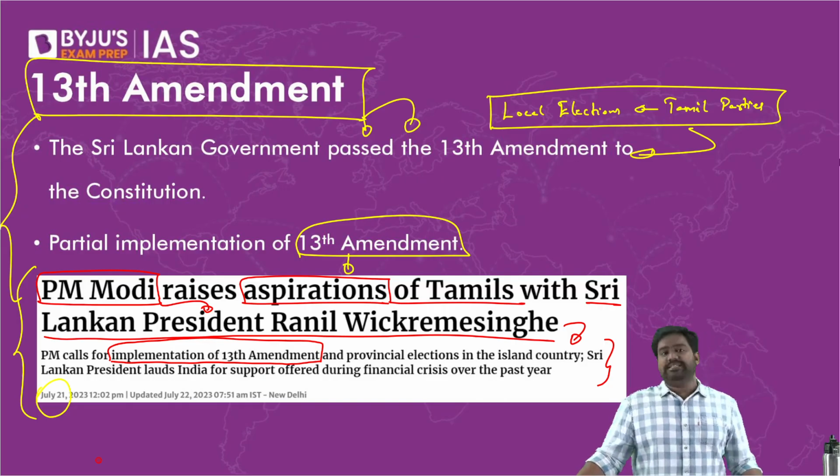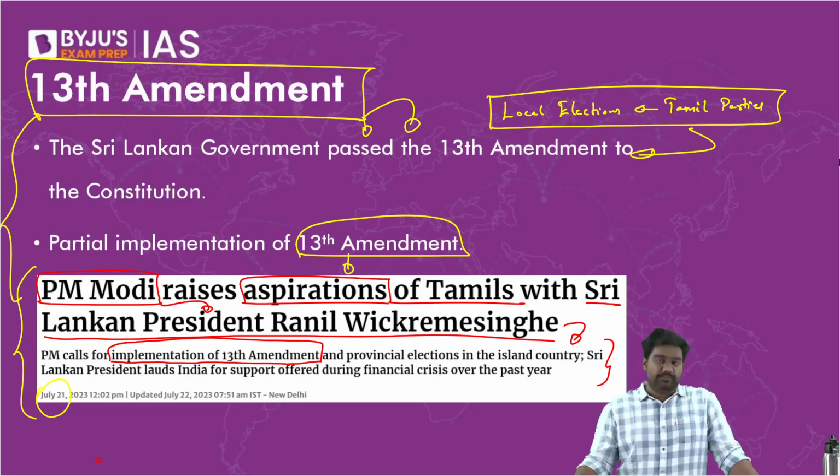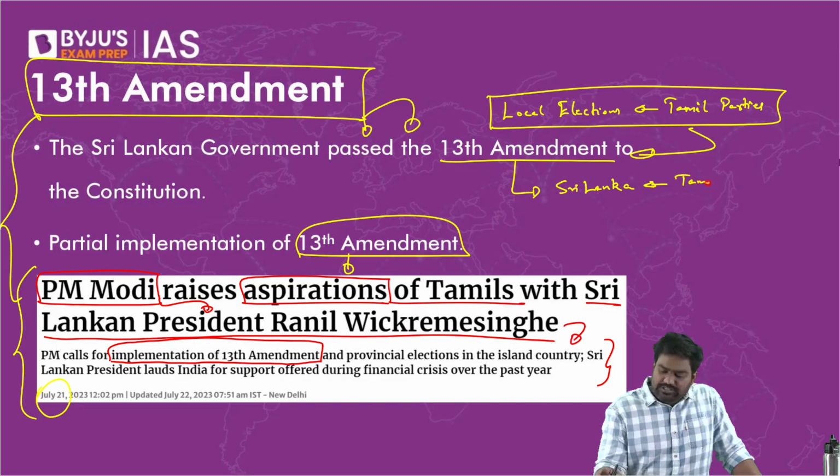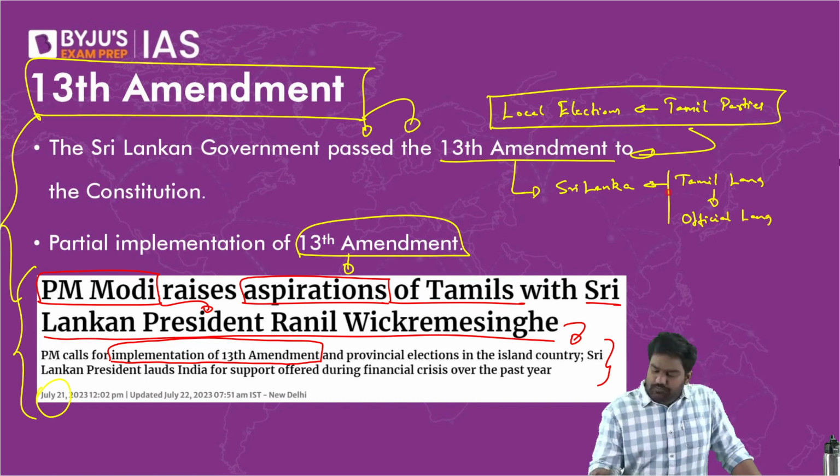Now, why do we say that the 13th Amendment has been partially implemented? What's the reason? See, under the 13th Amendment, Sri Lanka finally gave official recognition to the Tamil language. This was a commitment which Sri Lanka had given, and finally this was fulfilled.